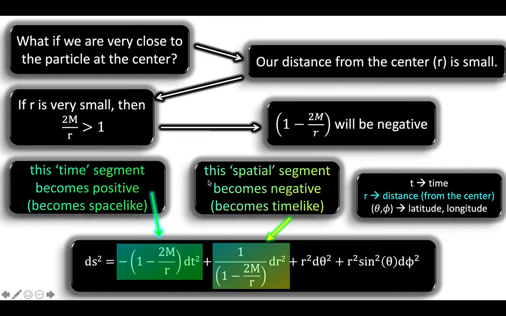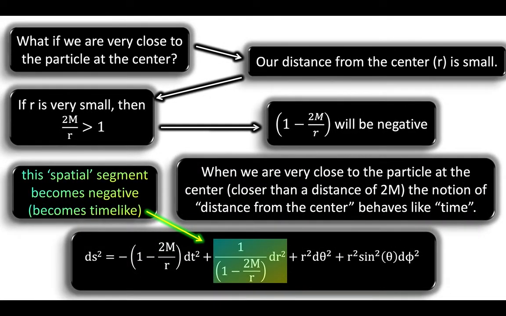So a separation in time is going to behave kind of like a separation in space. And a separation in space is going to be kind of like a separation in time when I'm very close to that particle at the center. So let's explore what are going to be some consequences of this, or what could be an interpretation of this.